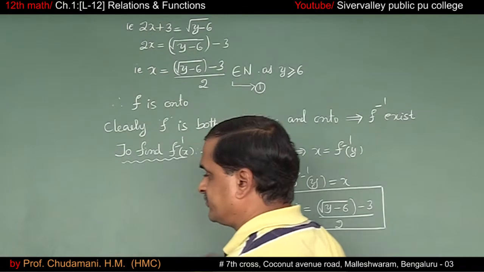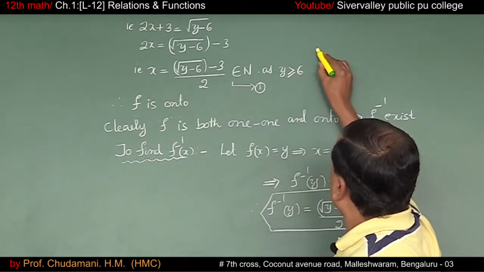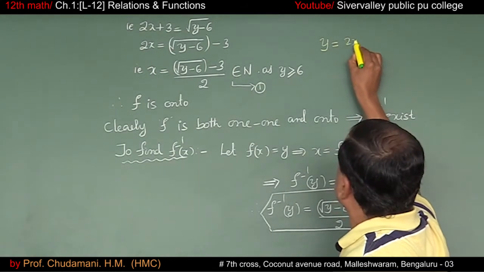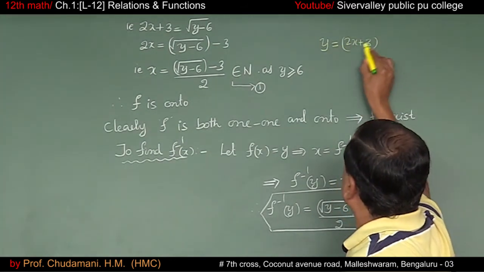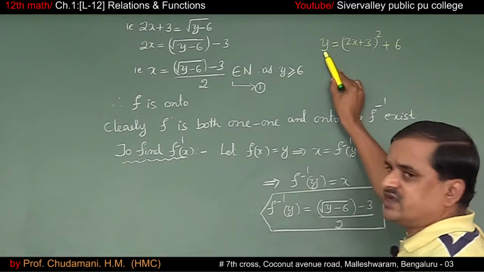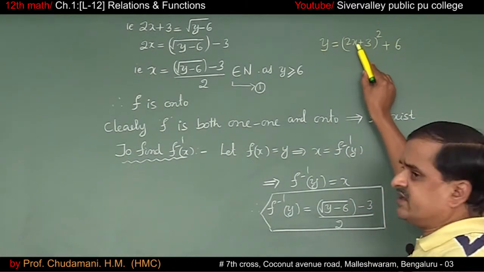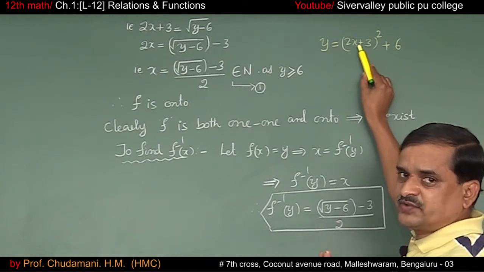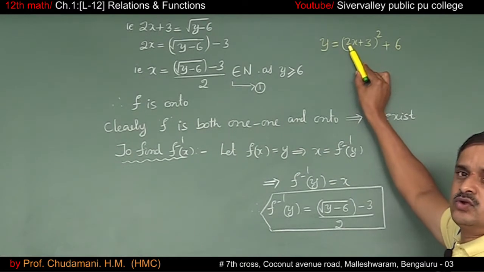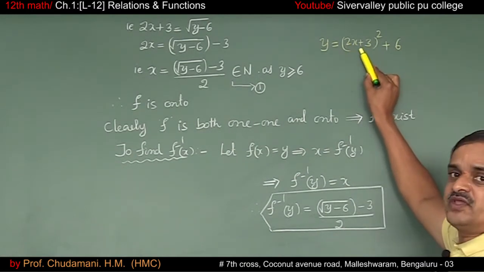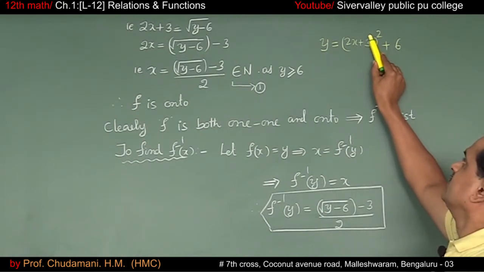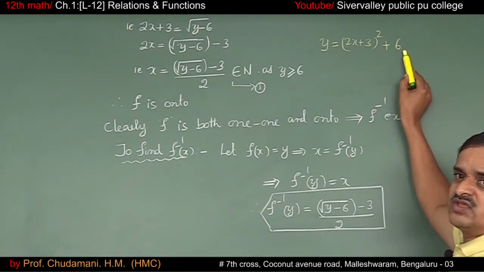Don't get confused, students. Here y is equal to 2x plus 3 the whole square plus 6. You need to select y in such a way that x should be a natural number. Suppose I take the natural number 1, let us say x is 1: 2 into 1 is 2, plus 3 is 5, 5 square is 25, 25 plus 6 means 31.